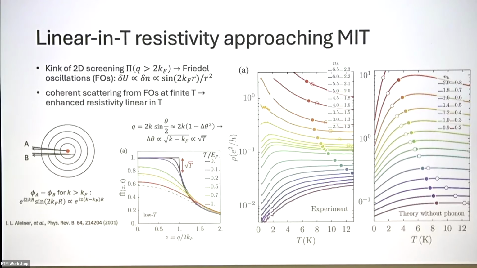Because if temperature is larger than E Fermi, then we don't care about whether the particle is a fermion or boson, and everything is described by the Boltzmann probability factor. And in that case, because electrons are running fast, they cannot screen the charge impurity well if you raise the temperature, and in that case, you will see that resistivity would decrease as a function of temperature.